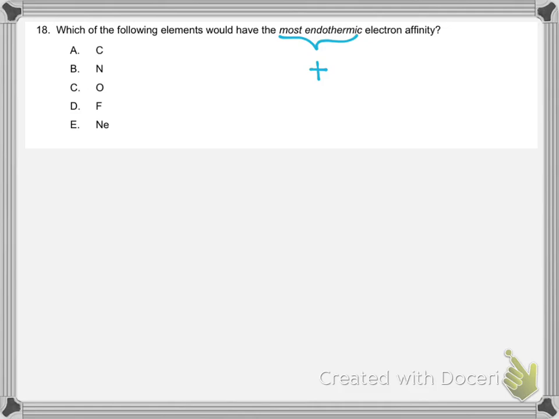In number 18, we're figuring out which elements would have the most endothermic electron affinity. So it's going to be the most positive value for the electron affinity, which is going to mean least favorable. So basically we're asking which of these elements is less likely to gain an electron.